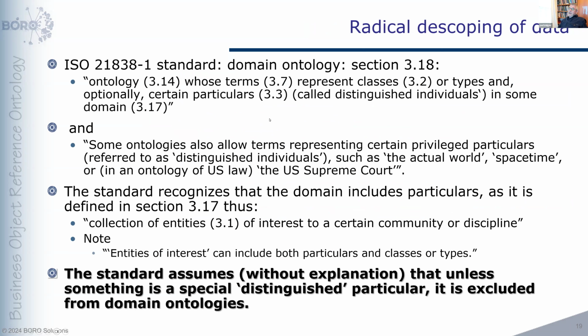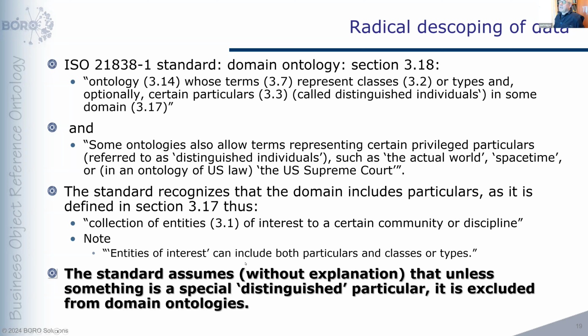This is just a side slide, reflecting this issue about data. If we take this ISO standard on ontologies, one of the things you notice is that it seems to quite deliberately diminish the role of particulars or data.